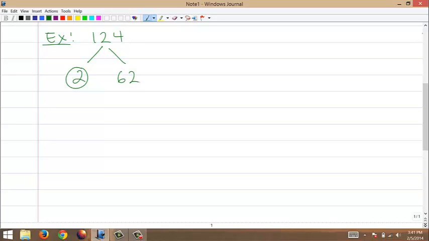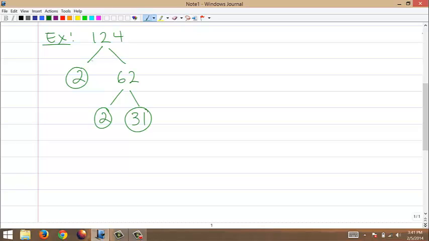And we got to keep going in this manner. So again, 62 is even. So let's divide that by 2, another prime number. So 2 goes into 62, 31. And it turns out 31 is actually a prime number. It can't be divided any further. So that's actually as far as that can go.